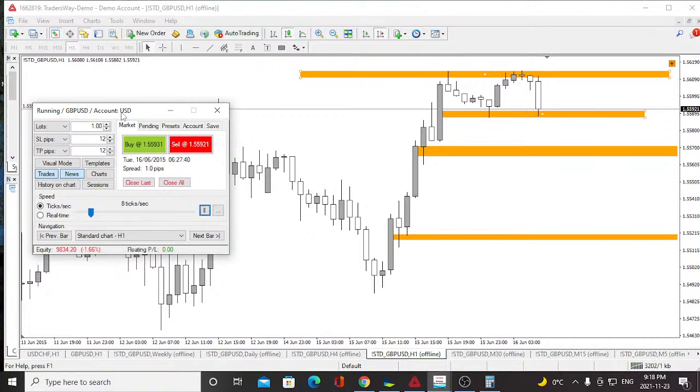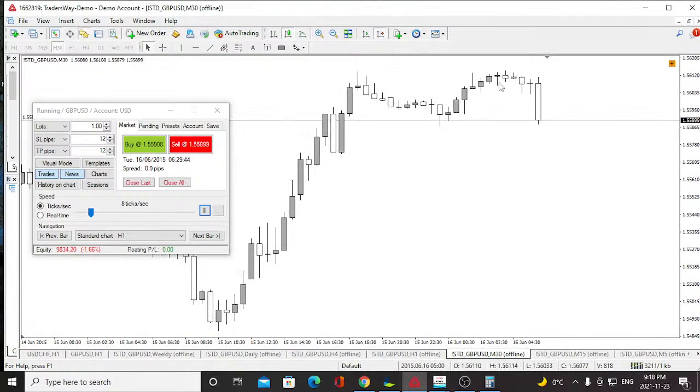So right here, the simulator is 6:27, so we're about to start our actual trading time. Okay, so right off the bat, it looks like price is going to be breaking this wick right off the bat, I believe.